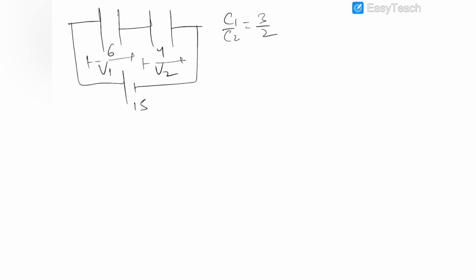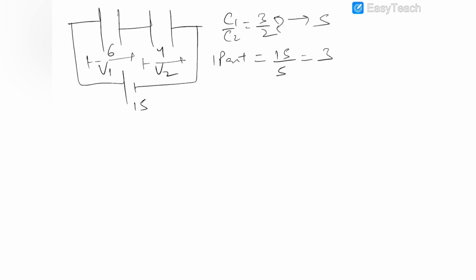And if we sum up these ratio terms, then it is 5, and if we divide this 15 in 5 equal parts, then each part would be 3 volt. So what I am doing, that I am summing up these 2 and it is 5, and I am dividing this total voltage into 5 equal parts. So one part would be 15 by 5, that is 3.